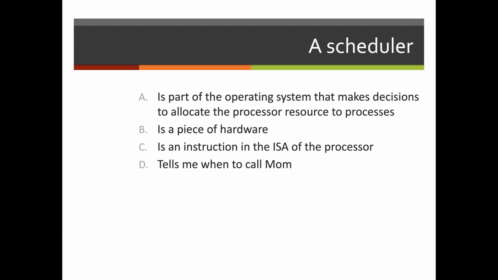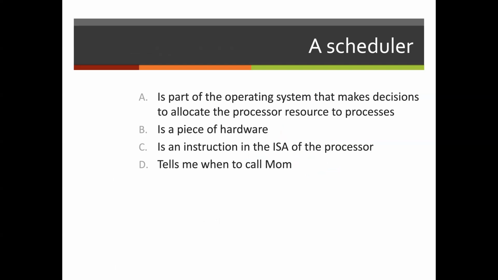Okay, so now we have another question. A scheduler is what? A, is a part of the operating system that makes decisions to allocate the processor resource to processes. B, is a piece of hardware. C, is an instruction in the ISA of the processor.